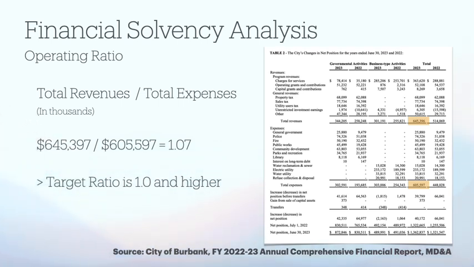The target ratio for your operating ratio is anything over 1.0. This means that your revenues that you collect exceeds the expenses that you have spent.